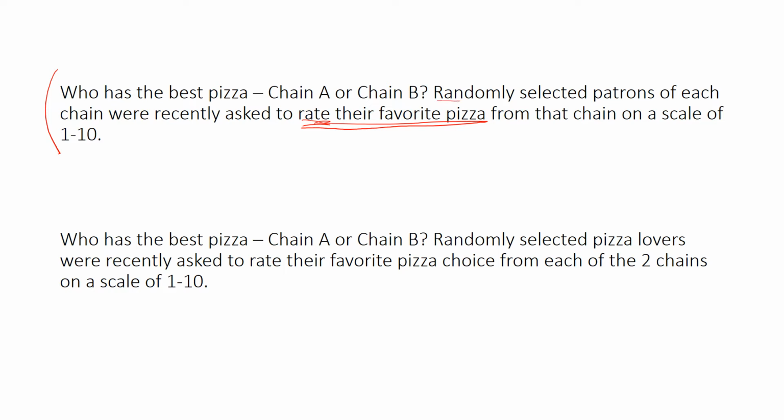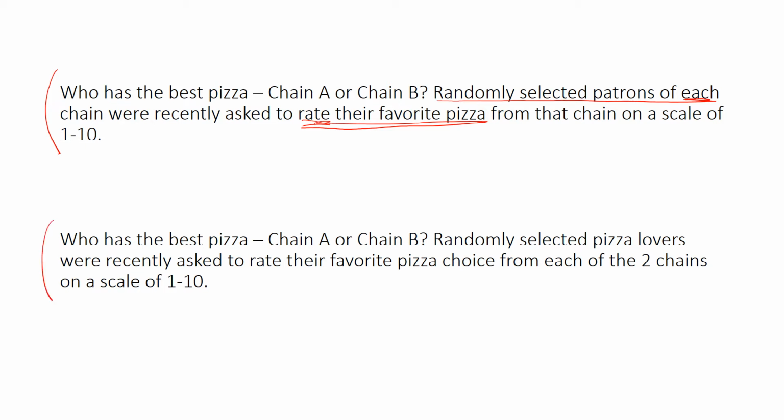We have randomly selected patrons of each chain, so I have two independent samples. So one quantitative variable, the observation is a single number, two independent samples. This is a two-sample t-test for the difference of means.